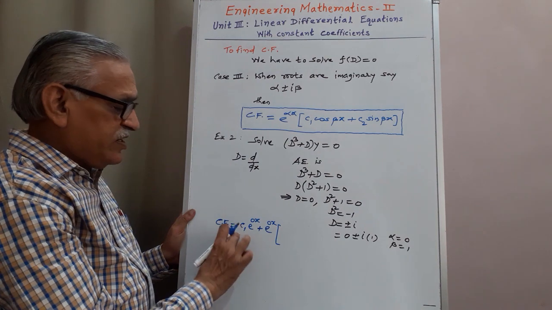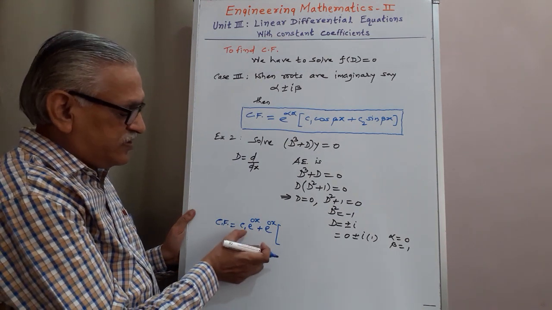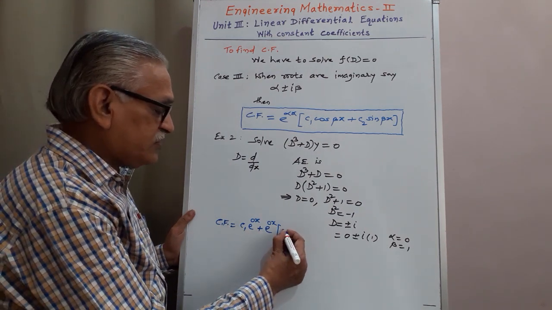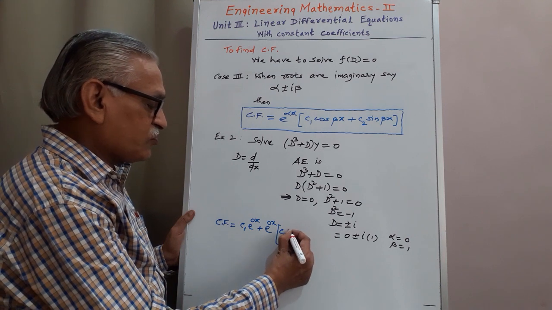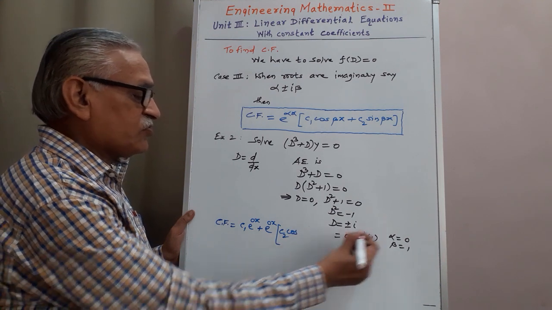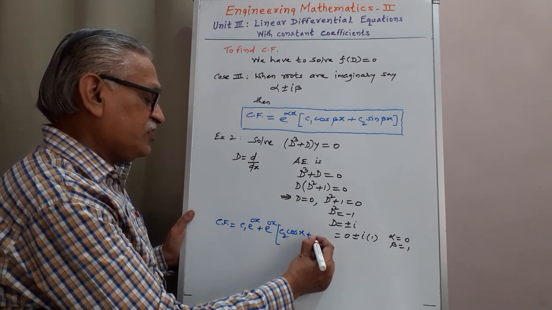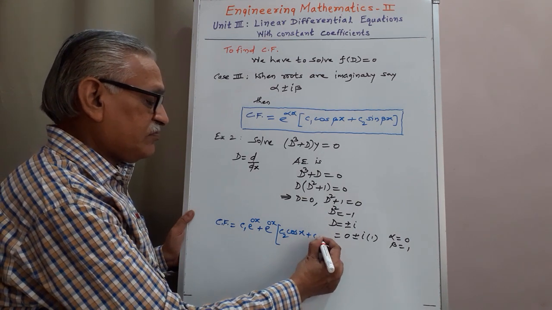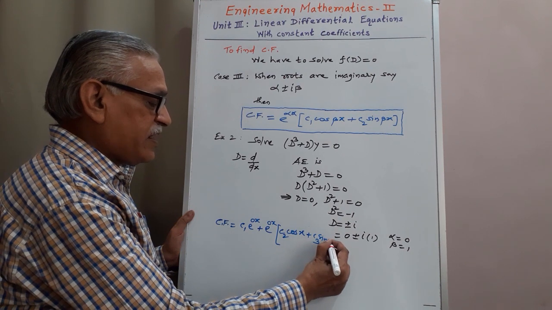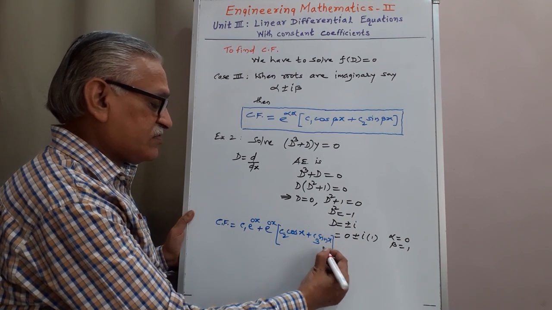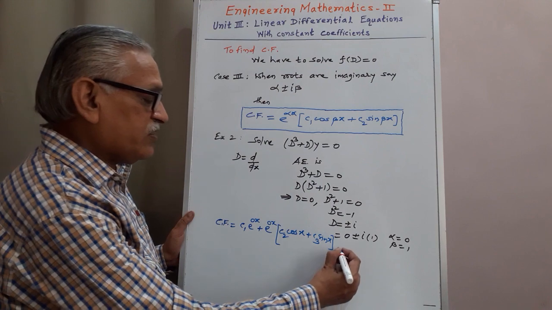C1 is already used, so we use the next constant, C2 cos of beta x. Cos of beta x, beta is 1, therefore cos x, plus C3 sin of beta x, sin of x. We call this equation 1.